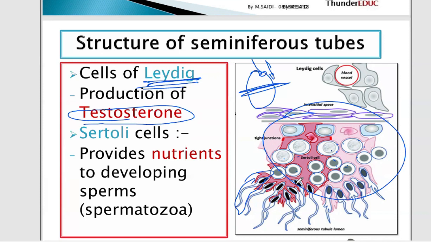They get the food from the somatized cells. So the somatized cells are these. You see that they are producing the nutrients for the sperms so that these sperms can develop. And once they develop, they become what you call spermatozoa.